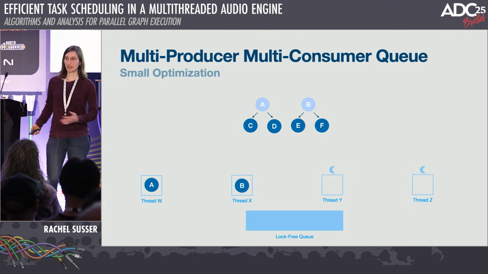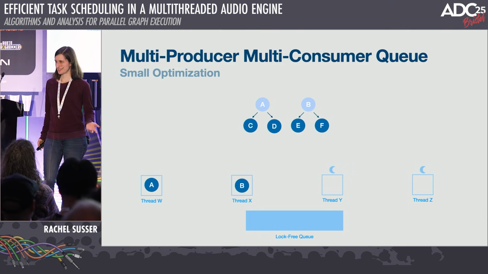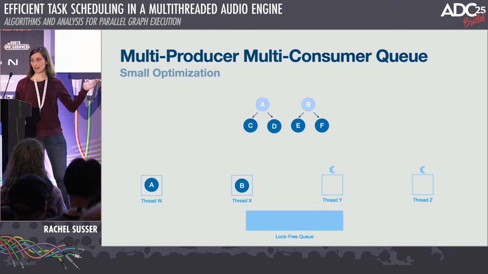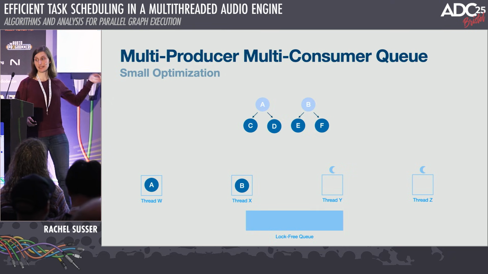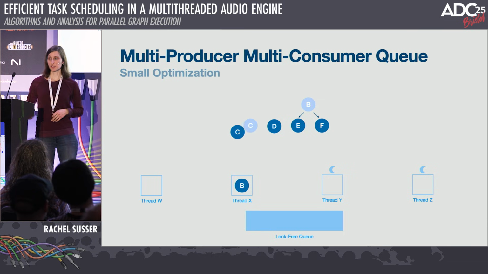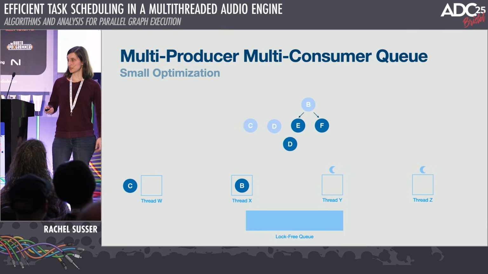This helps, but unfortunately it doesn't scale too well. So given this graph where we have 4 threads and threads W and X are currently executing tasks, when X finishes processing A, it reserves C and pushes D onto the queue.